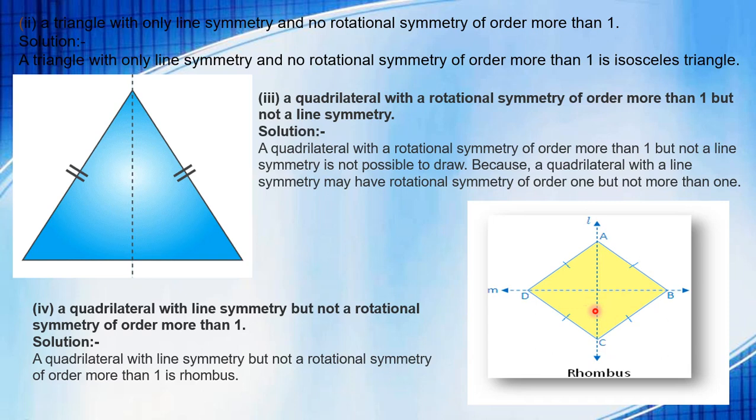But it does not have rotational symmetry of order more than 1. When we consider this rhombus, in only one turn it looks as it was previously. So the order of rotational symmetry for this rhombus is 1, but we have to find order more than 1, so it is not possible.